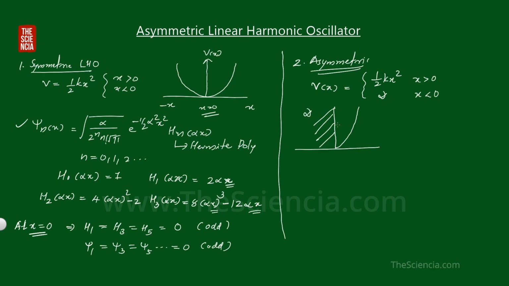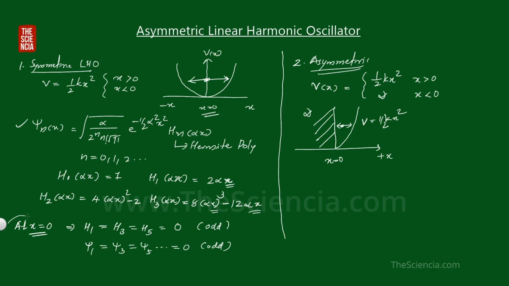This is the forbidden region for the particle. Here it can oscillate in the entire region, negative and positive x-axis. But here the particle can oscillate only in the positive x region. And this potential is half k x square.